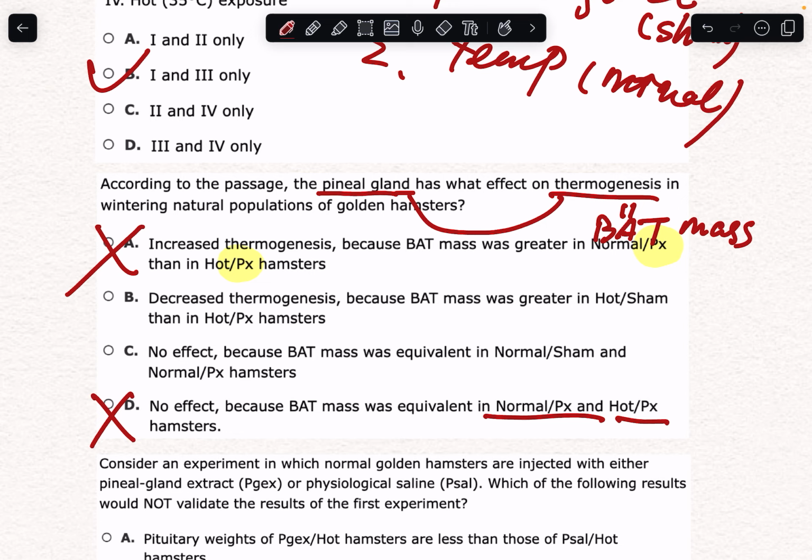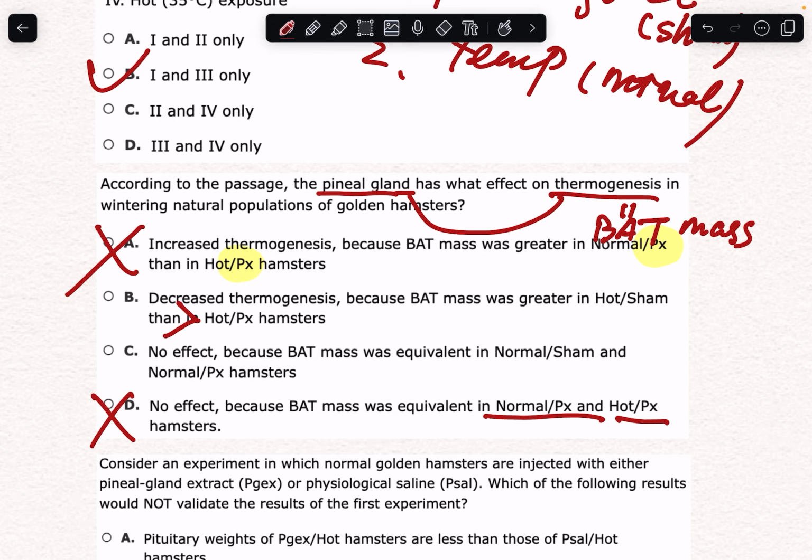B says decreased thermogenesis because BAT mass was greater in hot sham than in hot PX. Okay, now it's great that it's comparing two groups between sham versus PX, okay? But it says BAT mass was greater. So if BAT mass was greater in hot sham, that means hot sham has what?